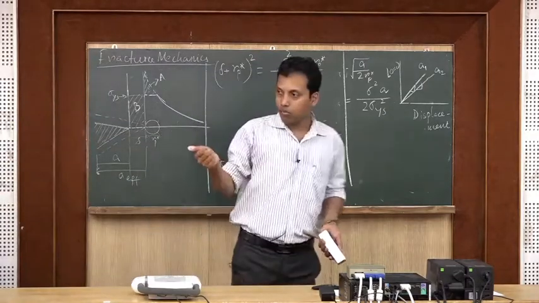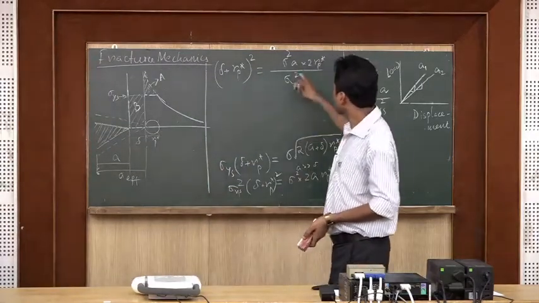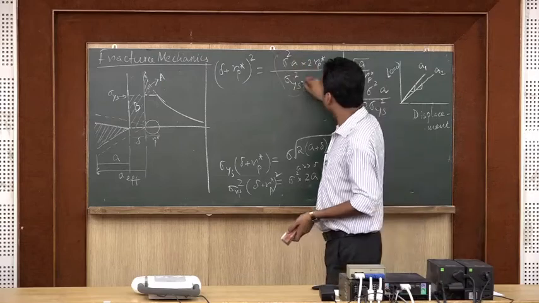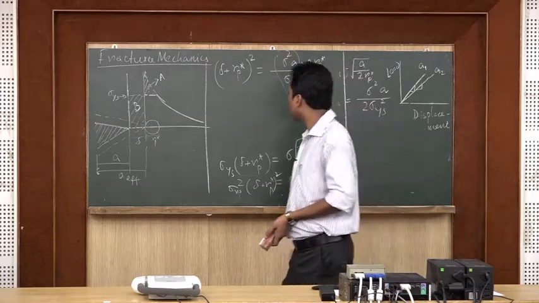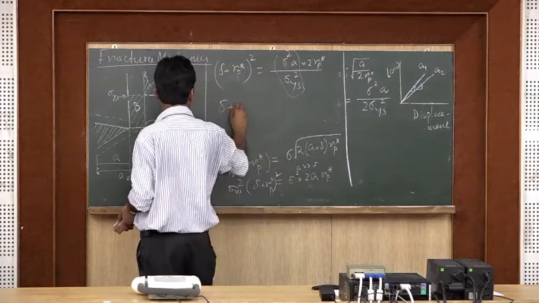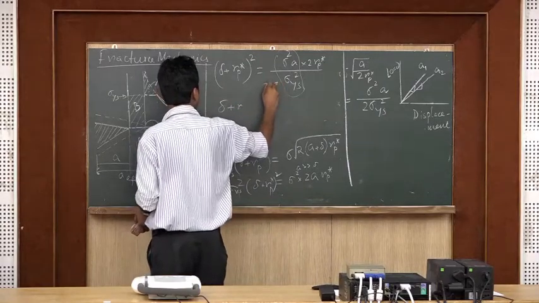Earlier you have done it in your notebook, you see. So sigma square a by sigma ys square will give you 2 rp star. So delta plus rp star whole square equals 2 rp star.